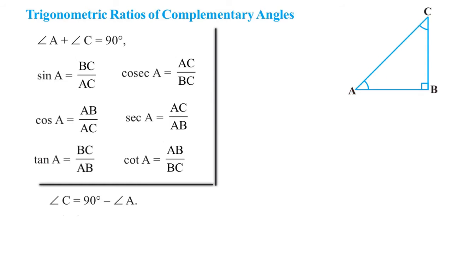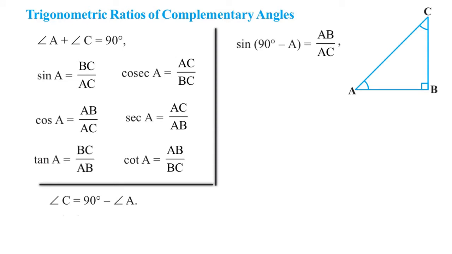So with regards to angle C, which can be written as 90 minus A, can you guess what sine of angle C is going to be? Can I write sine of angle C as sine of 90 minus A, because angle C is 90 minus A, which is opposite over hypotenuse.